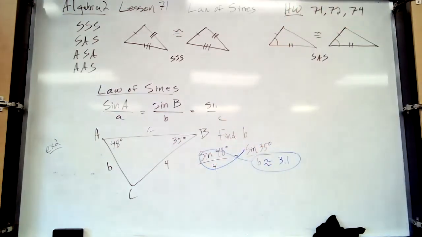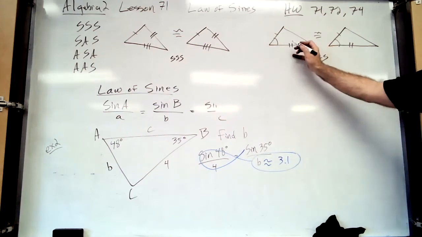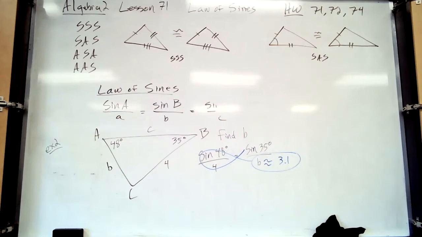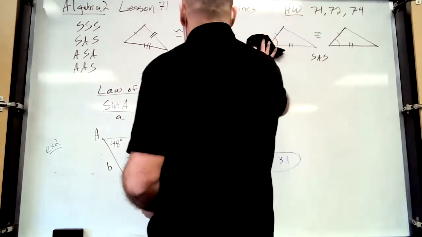That works. Do you remember doing that in geometry? And then ASA works. So if you have two angles and the side in between, if you can prove that, then those are congruent. So this is why ASS doesn't work.